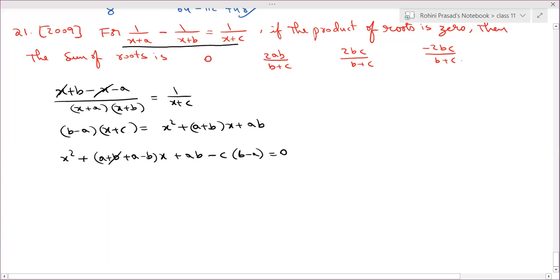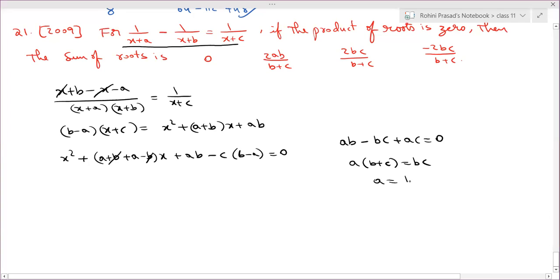So this is anyway 2a, the sum of the roots. What they have given is that the product is 0. So the product is 0 means ab minus bc plus ac equal to 0. So taking a common, b plus c equal to bc.